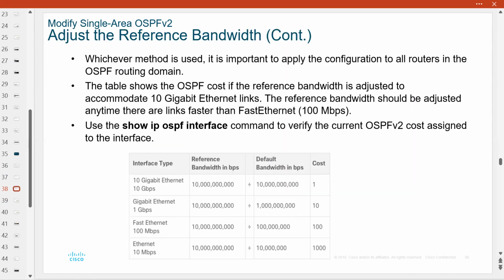By default, we have the auto reference. Just a minute. Let me see.